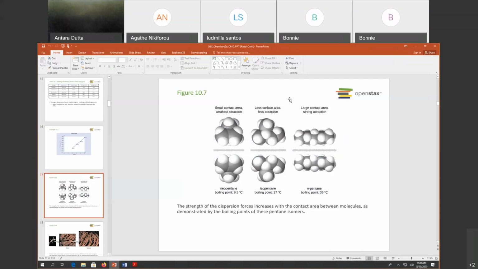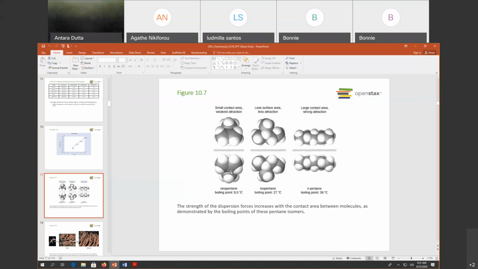Yes, so see the explanation is given. Since it is a straight chain molecule, it has large contact area. When the other molecule comes in contact with this molecule, they will have a lot of space to connect. So that's why this rightmost molecule will have stronger intermolecular force, developing stronger LDF compared to the leftmost one.